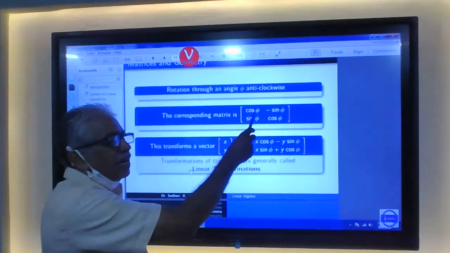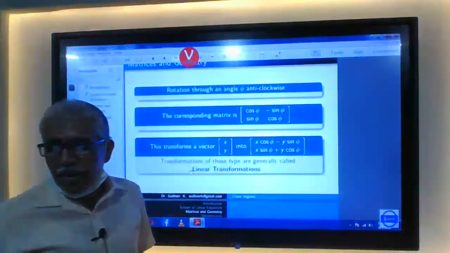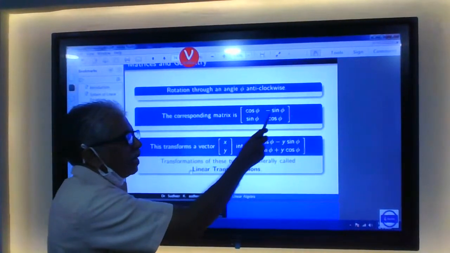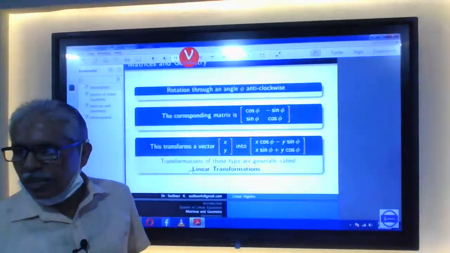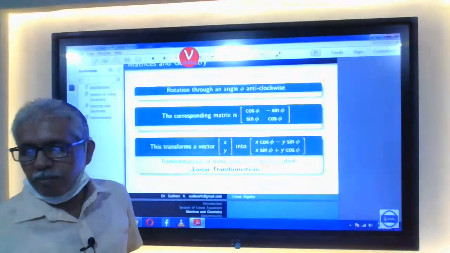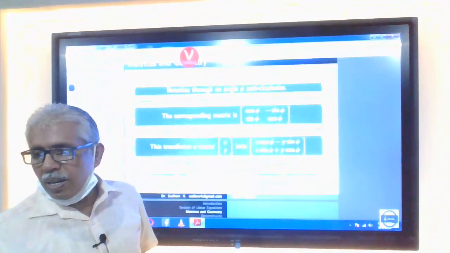So just imagine phi equal to 90 degrees. So cos 90, -sin 90, sin 90, cos 90. That will be your matrix: [0, -1; 1, 0].